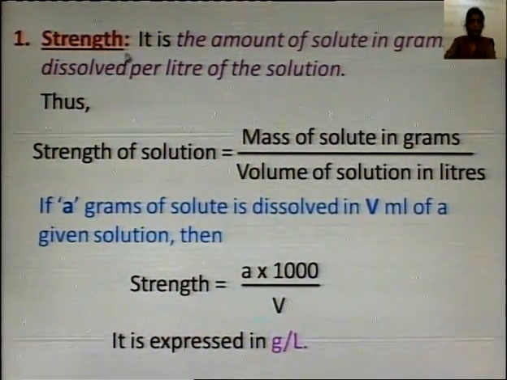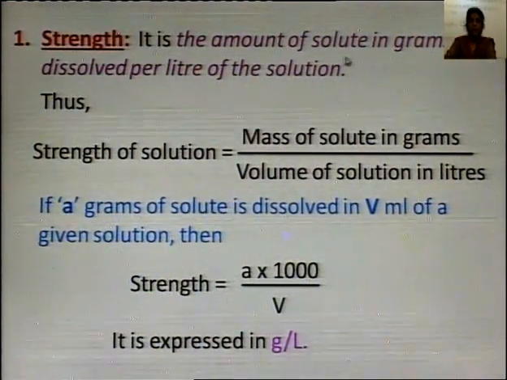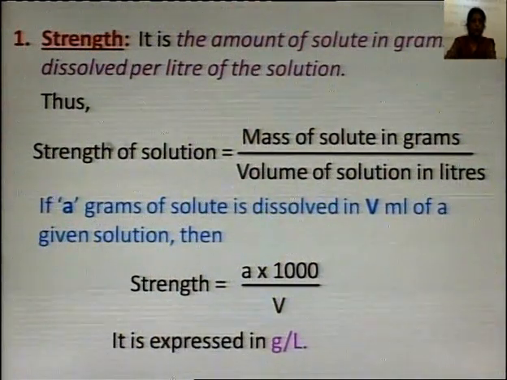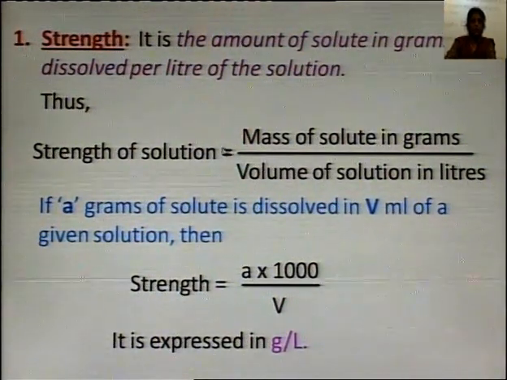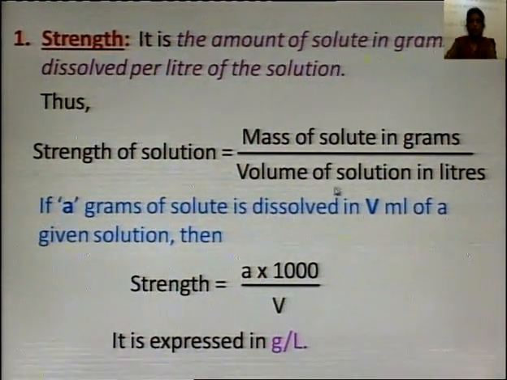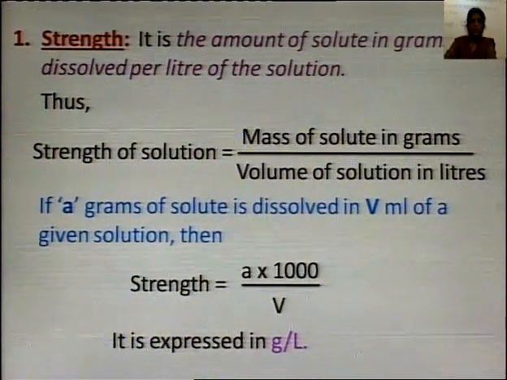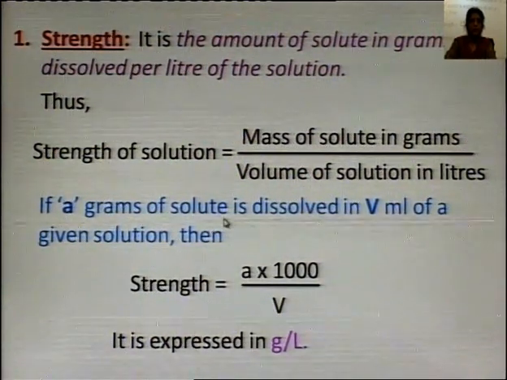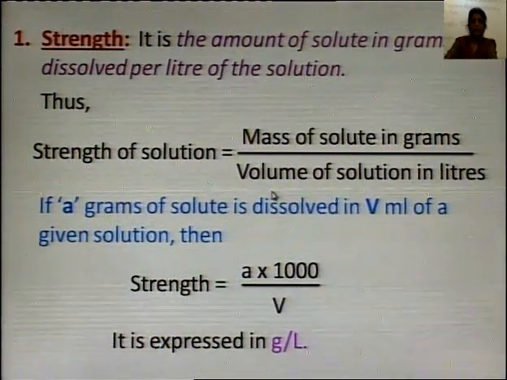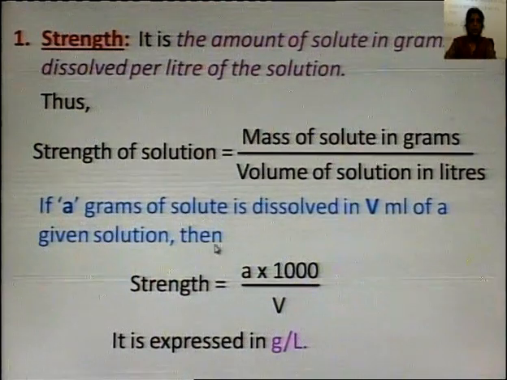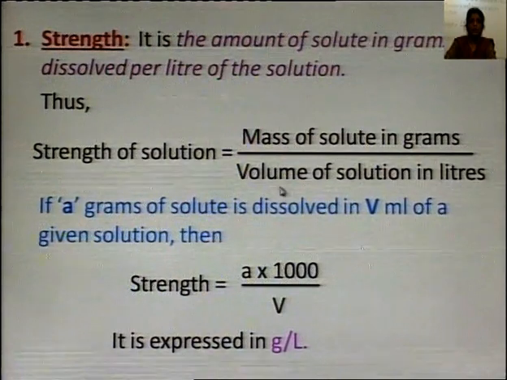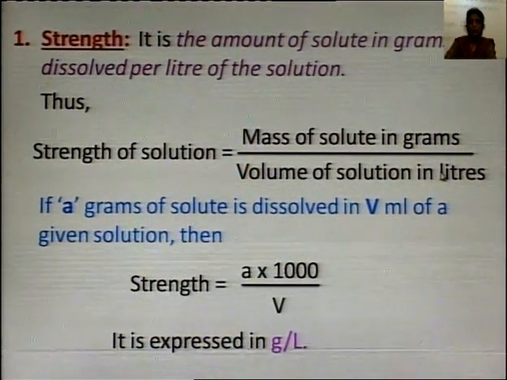First of all, strength. Strength is the amount of solute in grams dissolved per liter of the solution. So, mathematically strength of solution is mass of solute in grams divided by volume of solution in liters. Suppose the mass of the solute is A gram and it is present in V ml of the solution, then strength will be equal to A into 1000 upon V, because in the formula we have volume of solution in liters.